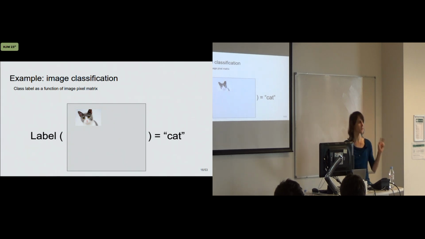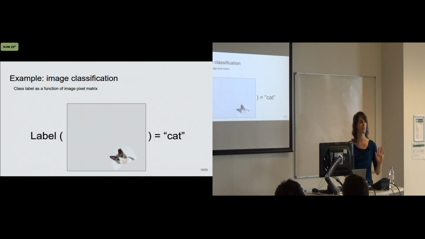Another type of translation invariance is if you do image classification and we want to look at the function that returns the class label given the image pixel matrix. It should give us the same label regardless of whether the cat is at the top of the picture or at the bottom, or whether it's rotated by a bit. So these are continuous translation and rotation symmetries as well.